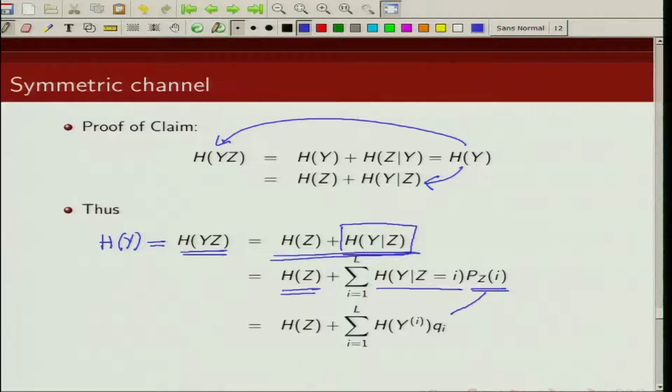Now this term is given by qi, and this uncertainty: given that I have selected ith channel, I know the output is yi. So I can write uncertainty in y given z is i as uncertainty in yi. So then I can write this expression as h of z plus summation of h of yi into qi, sum over all L such channels.